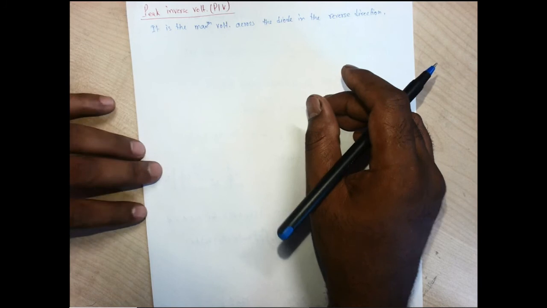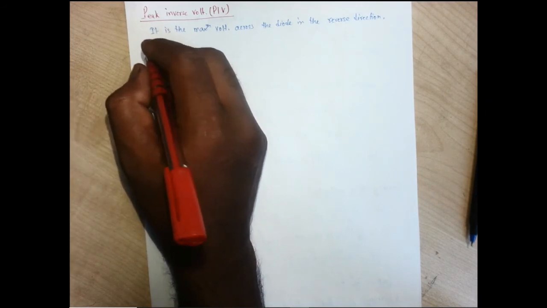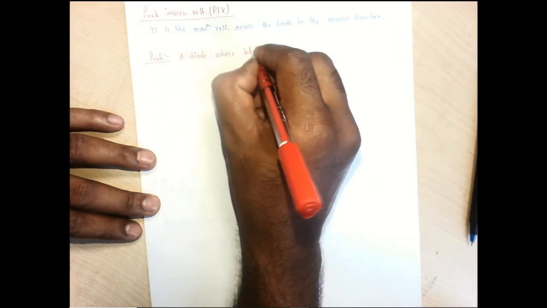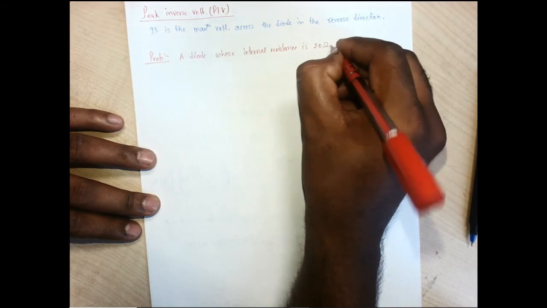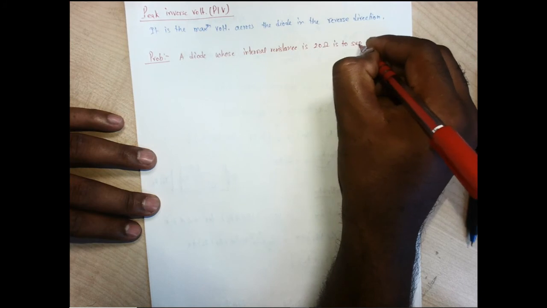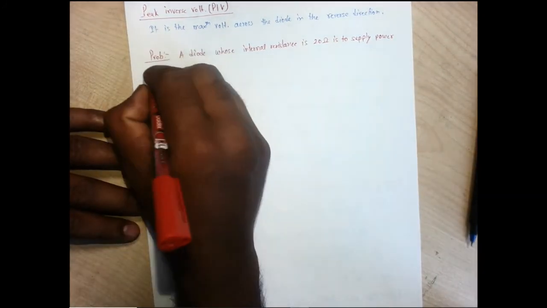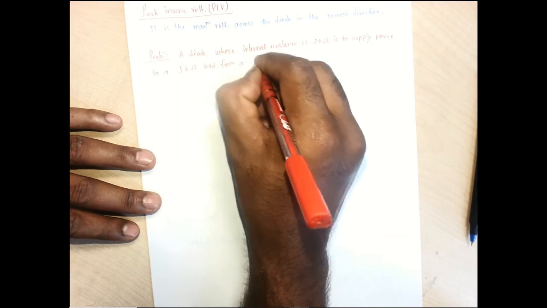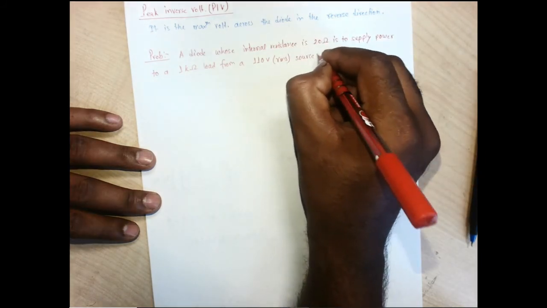Now let us solve a simple problem. A diode whose internal resistance is 20 ohm is to supply power to a 1 kilo ohm load from a 110 volt source of supply, which is the RMS value.